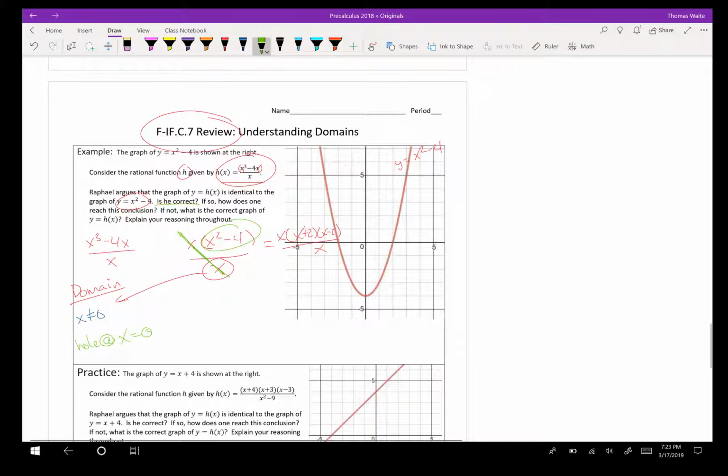So we're trying to answer, is he correct? Yes or no. So this graph that he's showing here, I'd say is not correct because it should have a hole right there at 0.